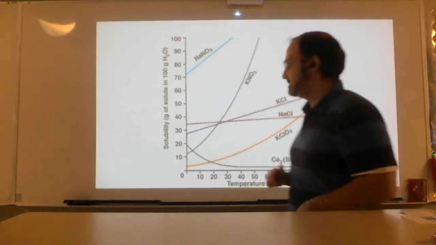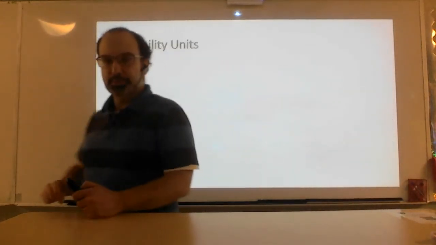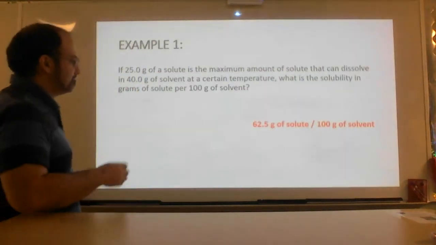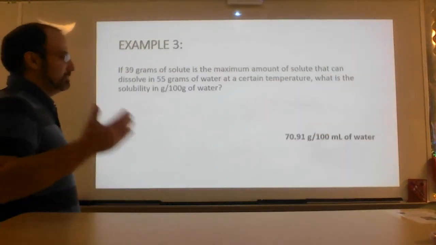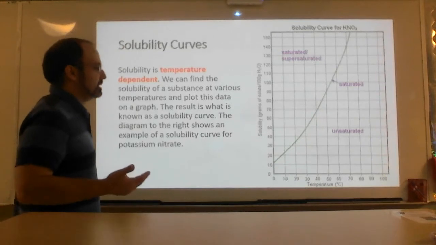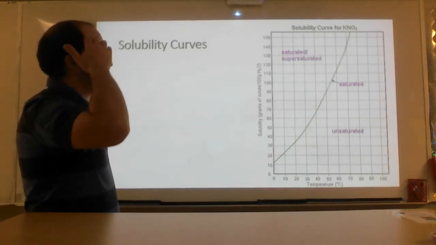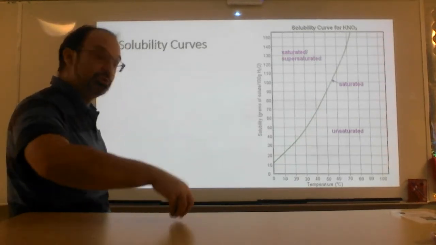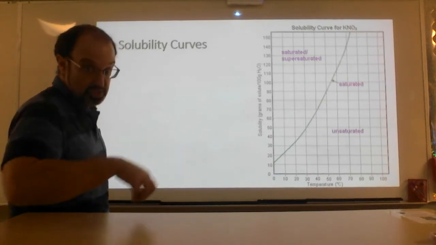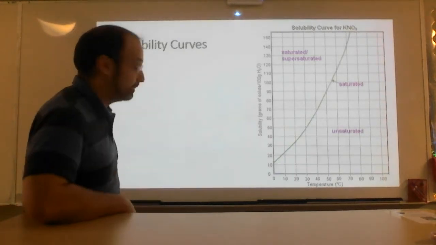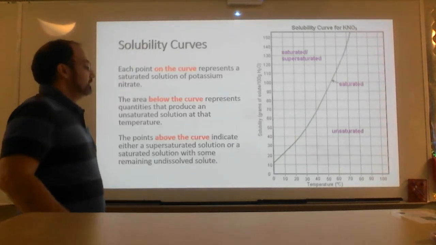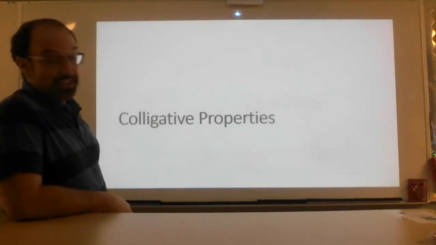That's what they're trying to say. And that's kind of it. This is the basic idea that we're working with here, that this graph is a way to put numbers to the idea of not full, full, more than full.